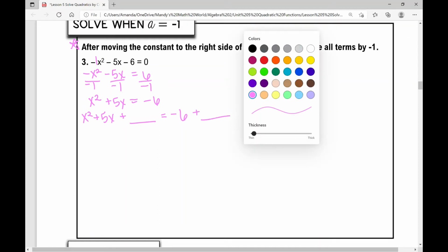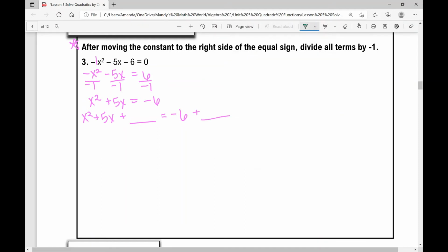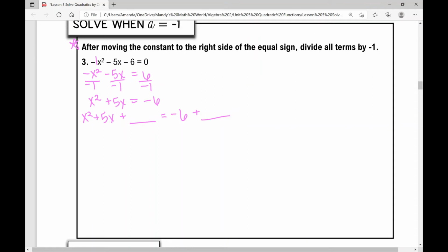So let's see, what is b over 2 squared? B in this case is 5. 5 over 2 squared is again 5 squared over 2 squared, which is what? 25 over 4. So I'm going to add 25 over 4 to both sides.